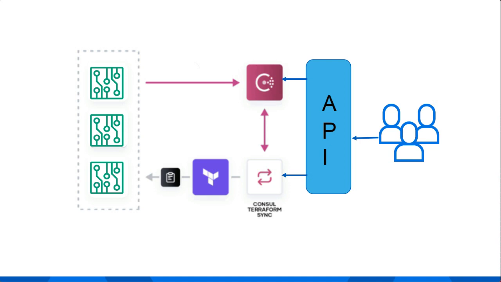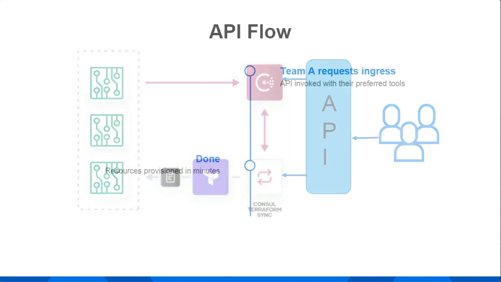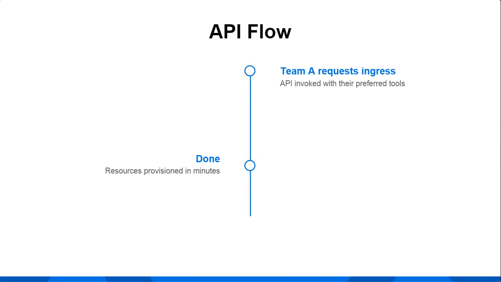So the new flow after this change looks like this. That's literally that simple. When a team has access to the API, they just use the API with whatever tools they like. This is actually nice because the first team that we used as an early adopter for this service actually created a few tools on top of that.